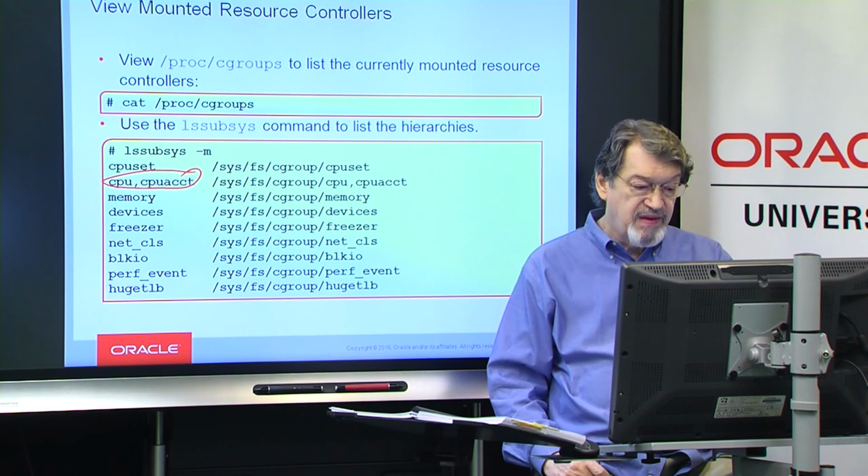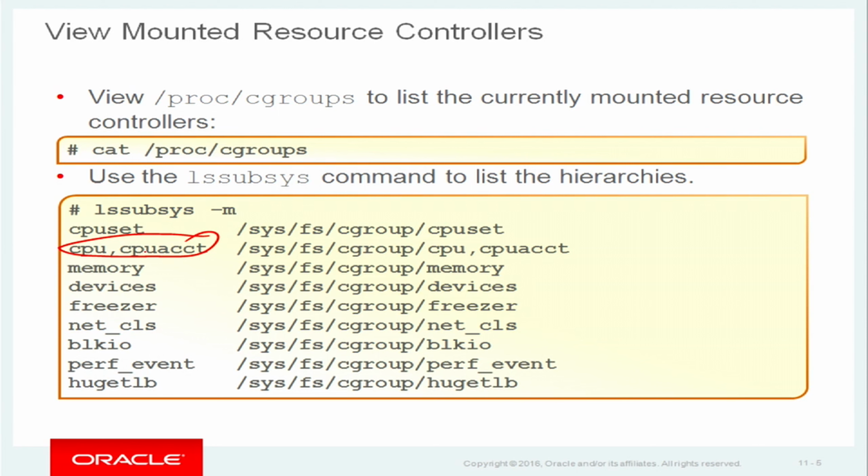Okay? And so, just to refresh you, CPU provides CPU access to C groups. CPU account reports on CPU resource usage. So that kind of makes sense, all right? And to tie those two together, that fits very, very well.